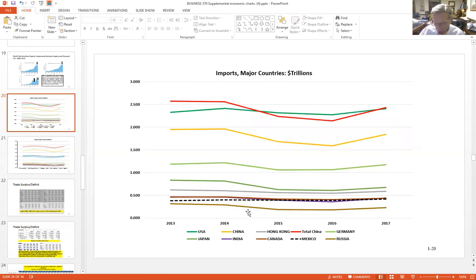And then the gray line is Hong Kong, which is now also part of the People's Republic of China, but it lives under a different set of rules and regulations and laws according to the treaties and agreements that were put in place when Hong Kong reverted back to Chinese ownership.